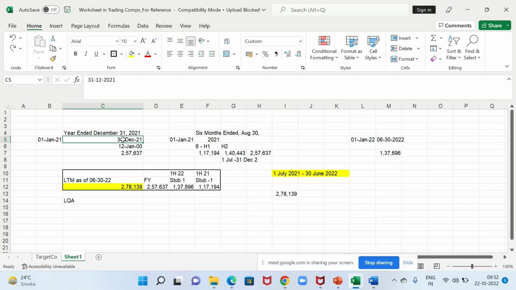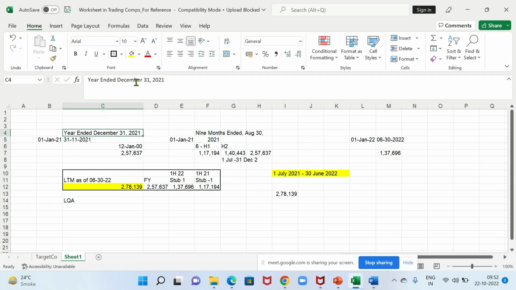Suppose we take the fiscal year as 31st December. It will be September ending. Then how many months are there? It will not be August, right? It has to be 8 months, ideally November ending, right? And this will be 9 months, right?